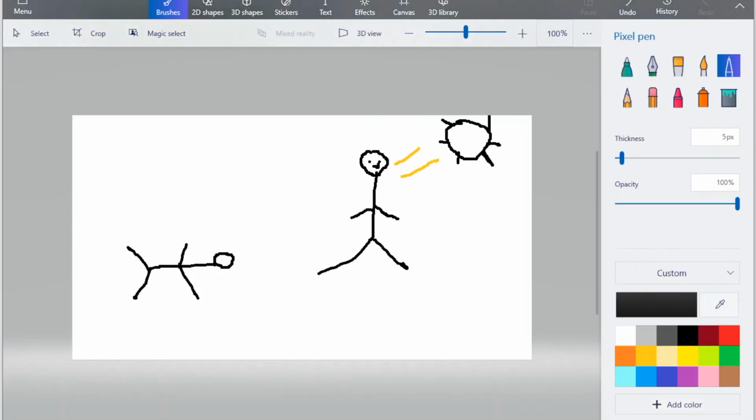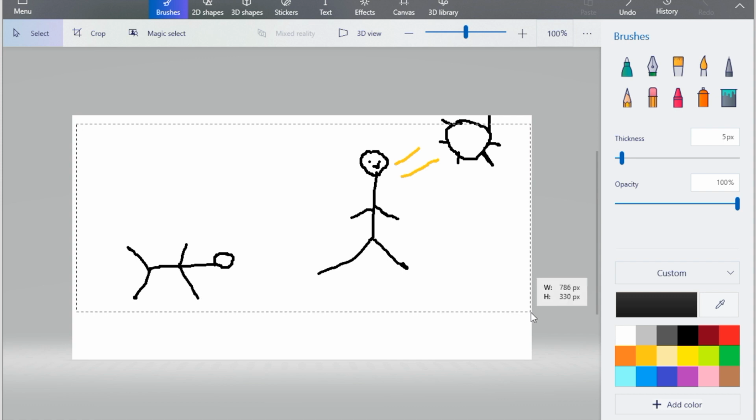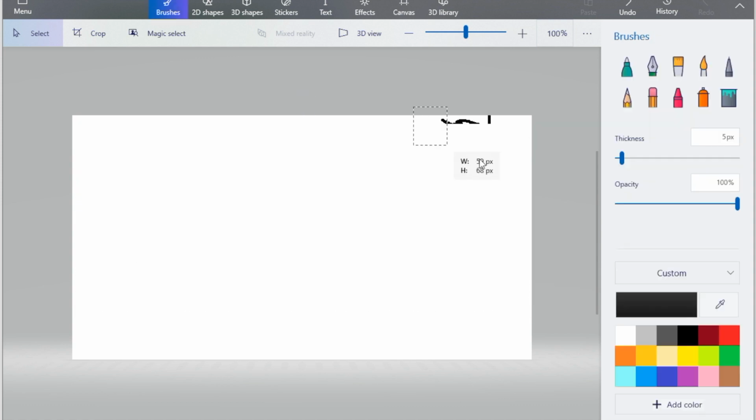So take a look at this picture over here. Let us assume that this is the Earth right over here.